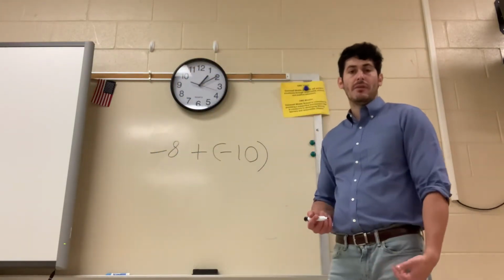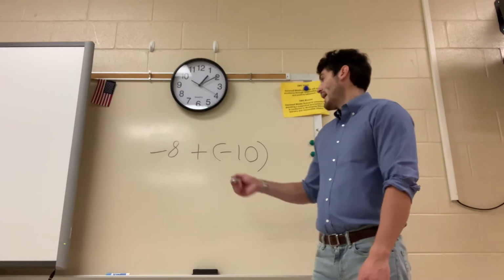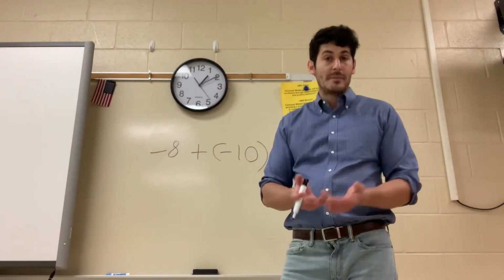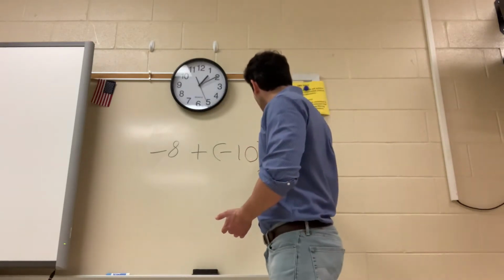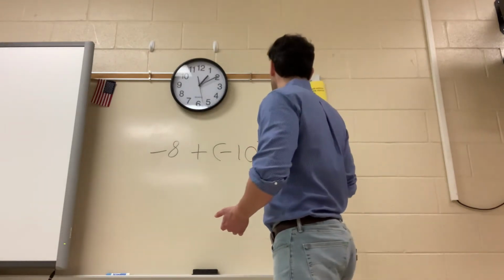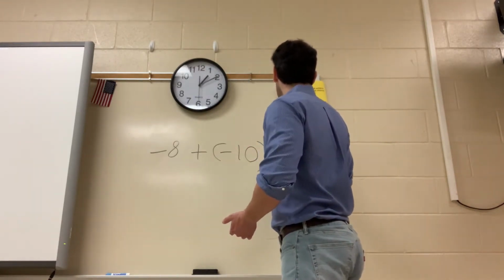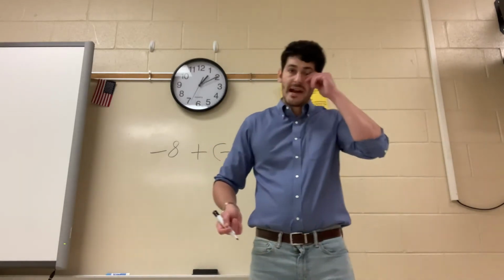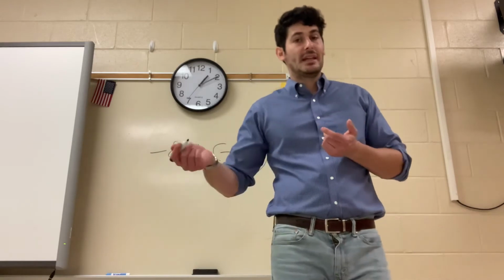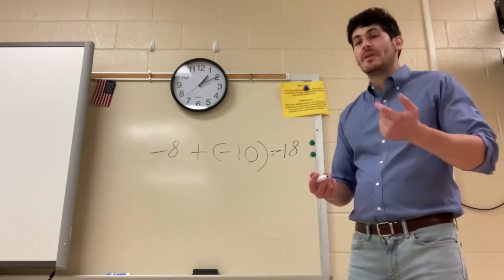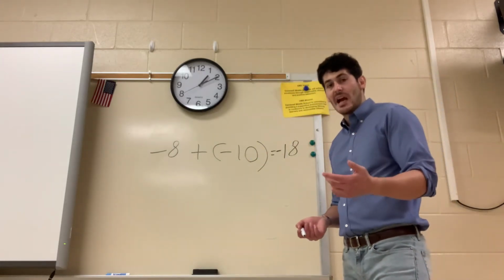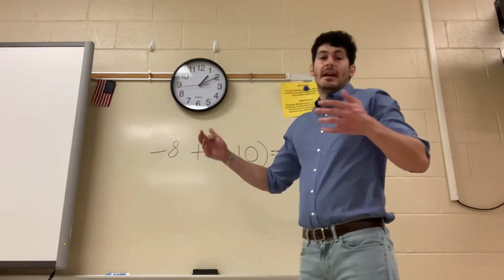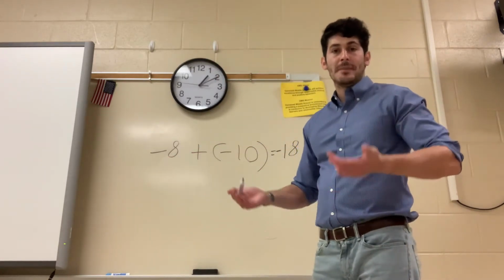So my rule for that is I'm going to add the absolute values of those two numbers. So I'm going to do 8 plus 10, which is obviously 18, and I'm going to keep their sign. They're both negative, therefore my answer is going to be negative. My answer is -18. So once again, if you're adding two numbers with the same sign, all you've got to do is add the absolute value and keep the sign.